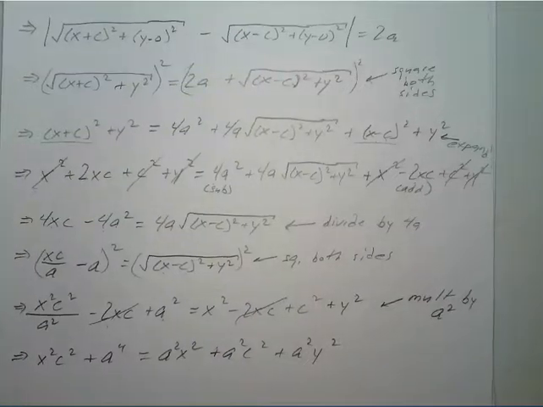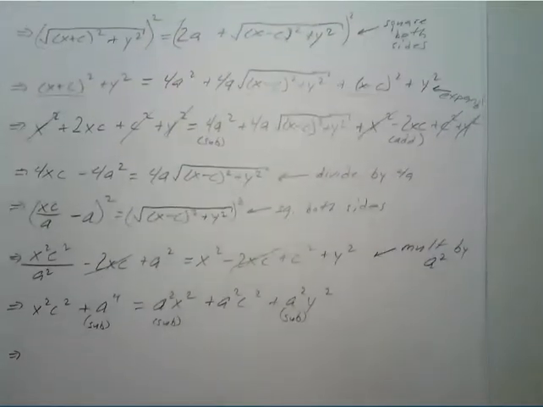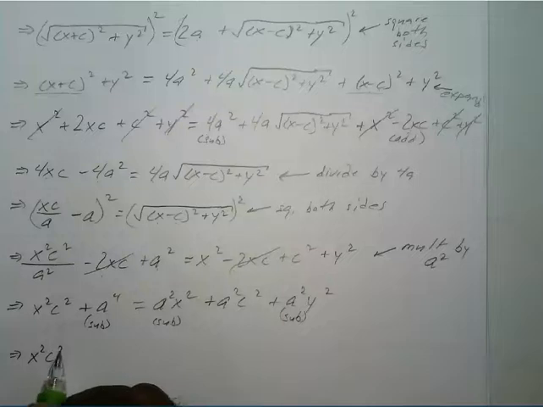All right. So now we're going to start shuffling them around a little bit. We're going to move some to one side and some to the other. On this one, we're going to subtract this from both sides, subtract this from both sides, and subtract this from both sides. So we have x²c².